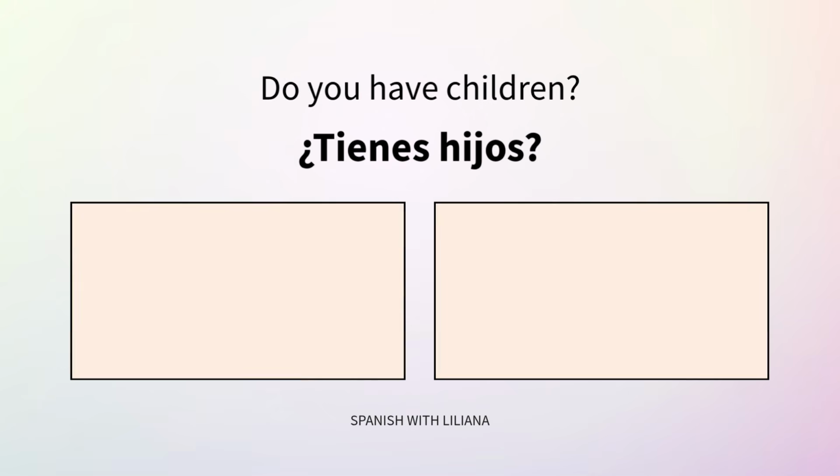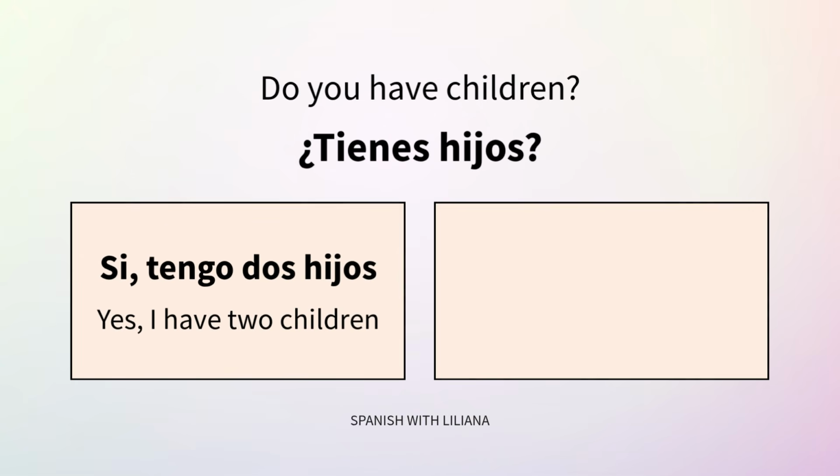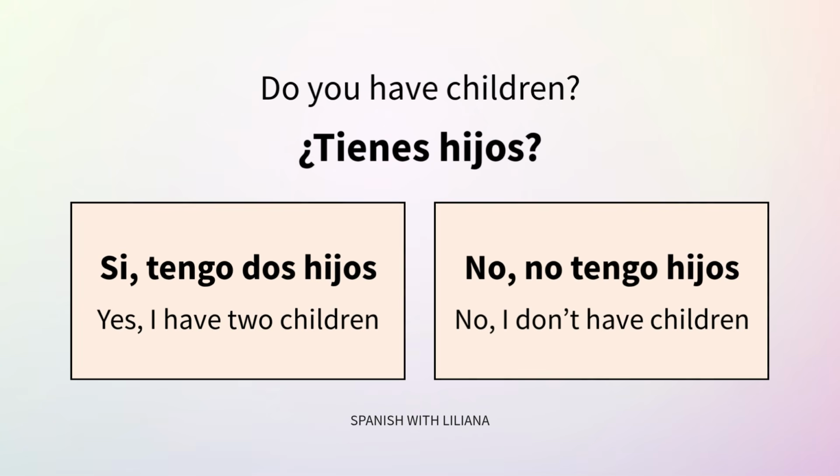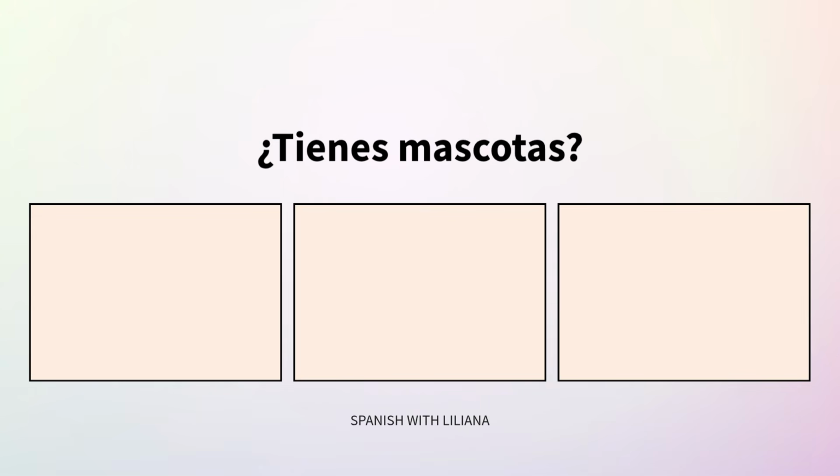So this is a yes or no question, and we can answer with sí, yes, no, no. Or we could say, sí, tengo dos hijos. Yes, I have two children. No, no tengo hijos. No, I don't have children. Or depending on your situation, just answer that way. Similarly, we can ask, ¿Tienes mascotas?